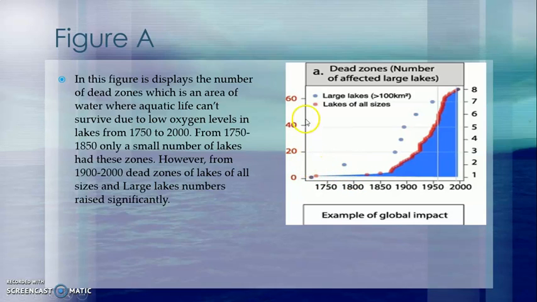And these are the numbers for it. Maybe like 10. There wasn't a lot. But then from 1900 to 2000, dead zones of lakes of all sizes and large lake numbers started to rise significantly. As you can see, these little dots of lakes of all sizes started to rise up. Maybe not 1900, maybe around 1880, somewhere around then, the numbers started to rise a lot.